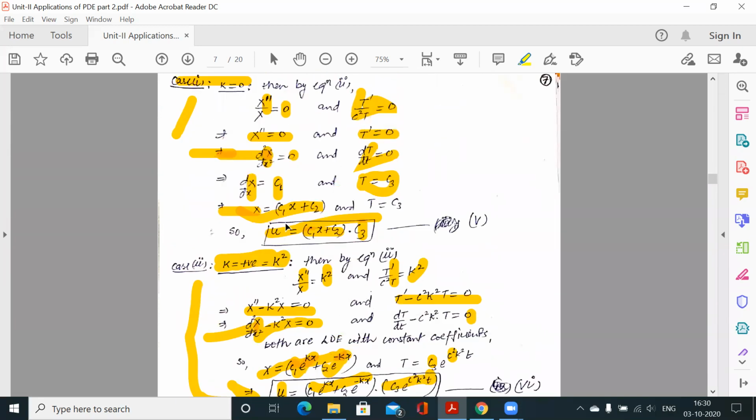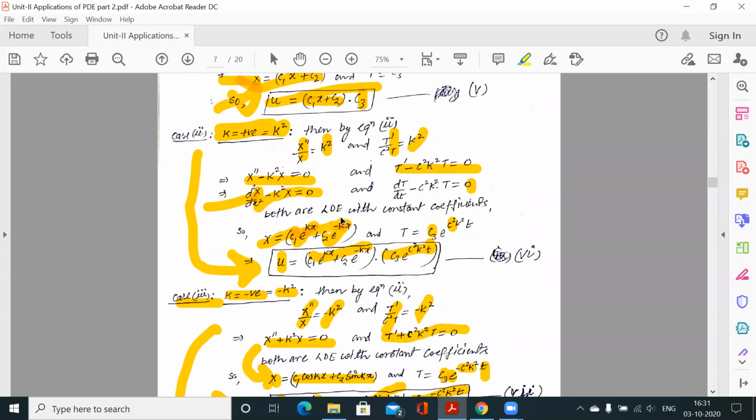So if you observe the first solution, if you increase the time here, there is no change in u. So u is constant, which is not our case, because this is heat conduction flow. With the increase of time, the heat conduction must decrease. Here it is independent of time, so this is not our solution.